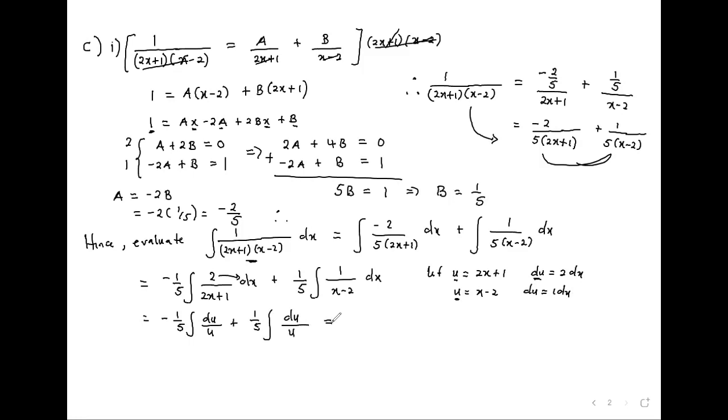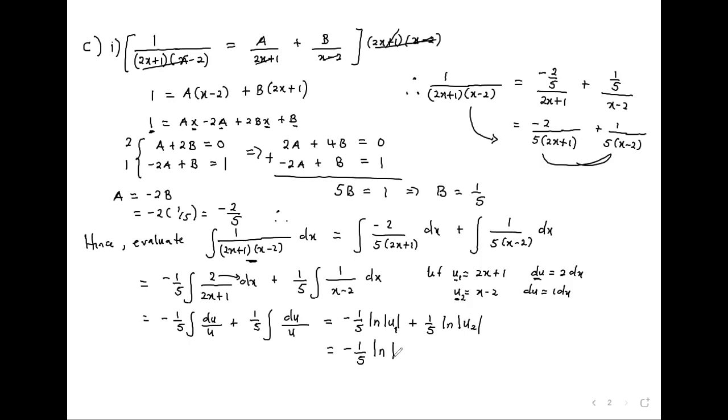So this integral here is -1/5 ln u. I can call them u1 and u2 to avoid conflicts, plus 1/5 ln u2, so that I don't get confused on which one to substitute back.